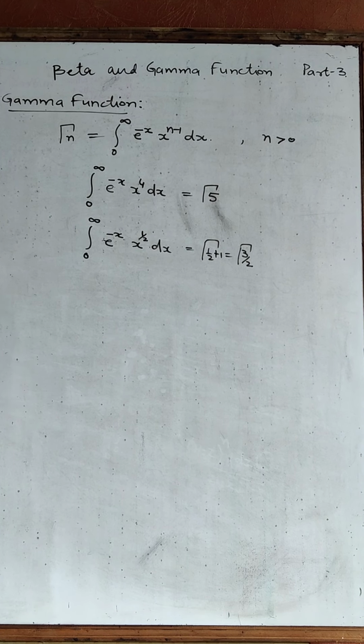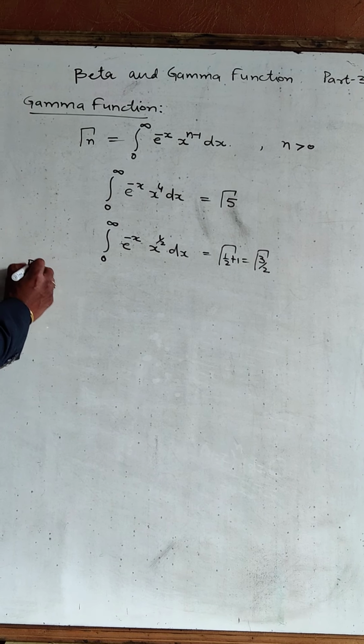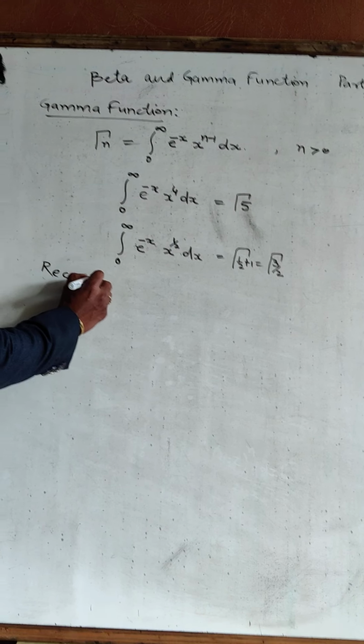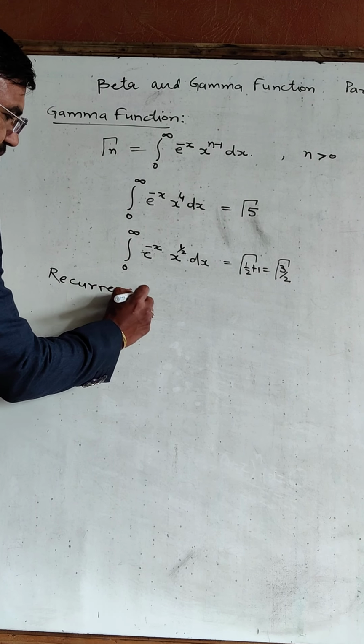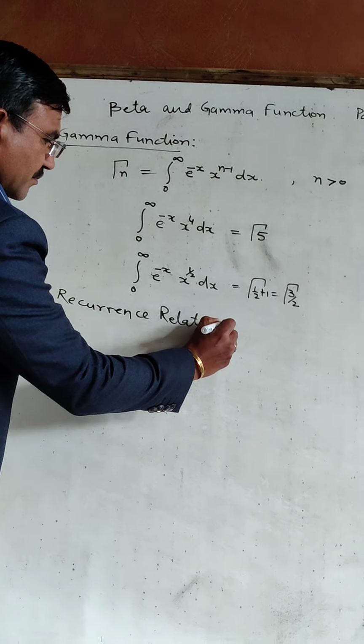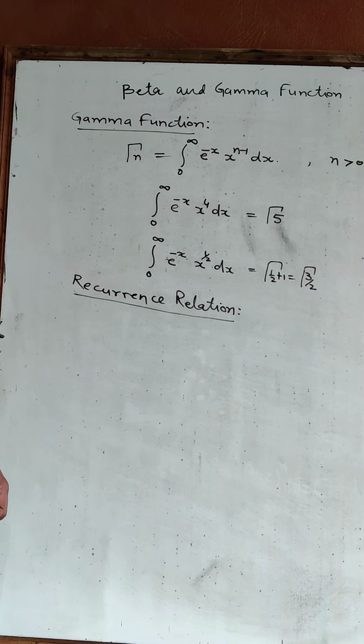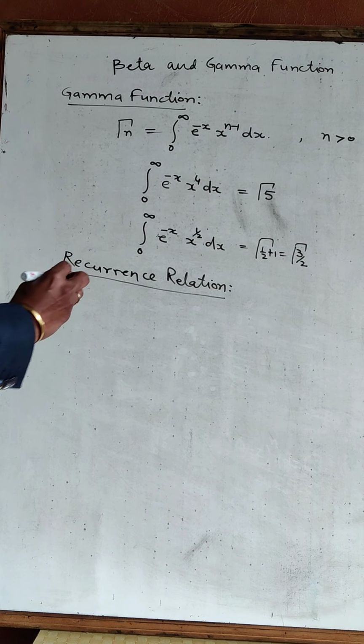Now there is one recurrence relation. Recurrence relation for gamma function.